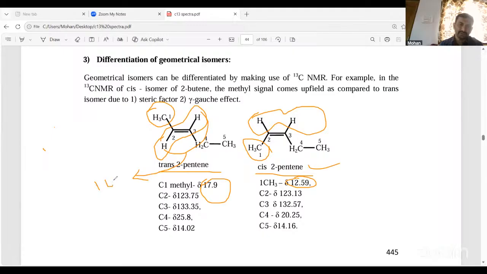In the cis isomer, these two hydrogens are closer, so the distance between them is less than in the trans configuration.